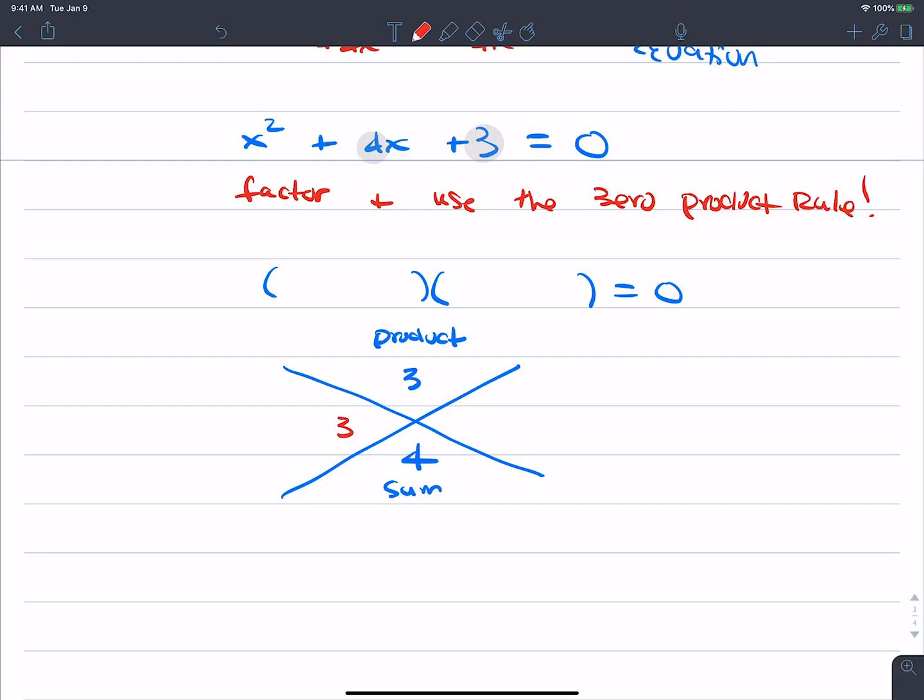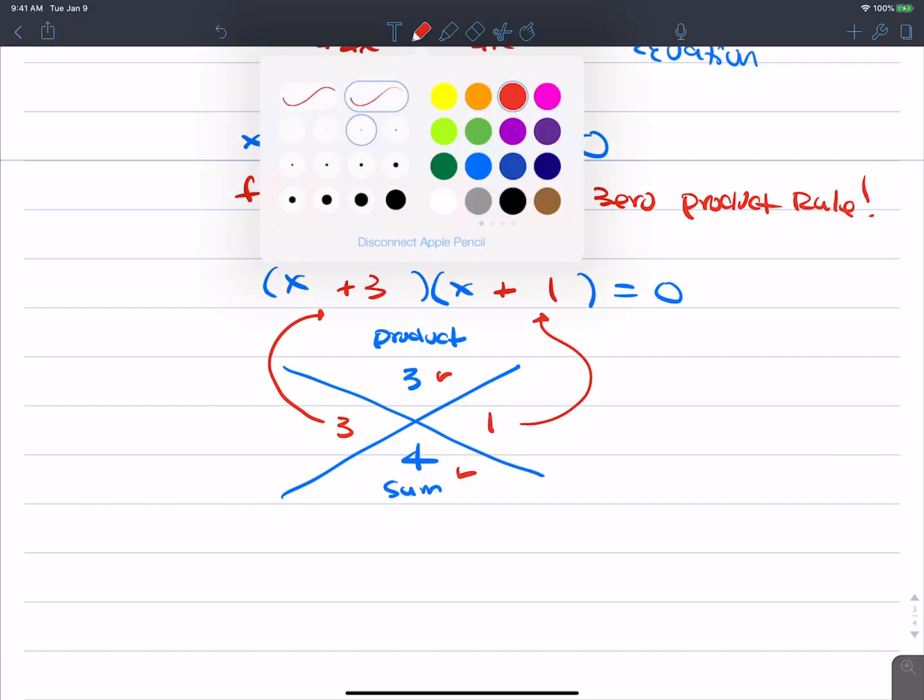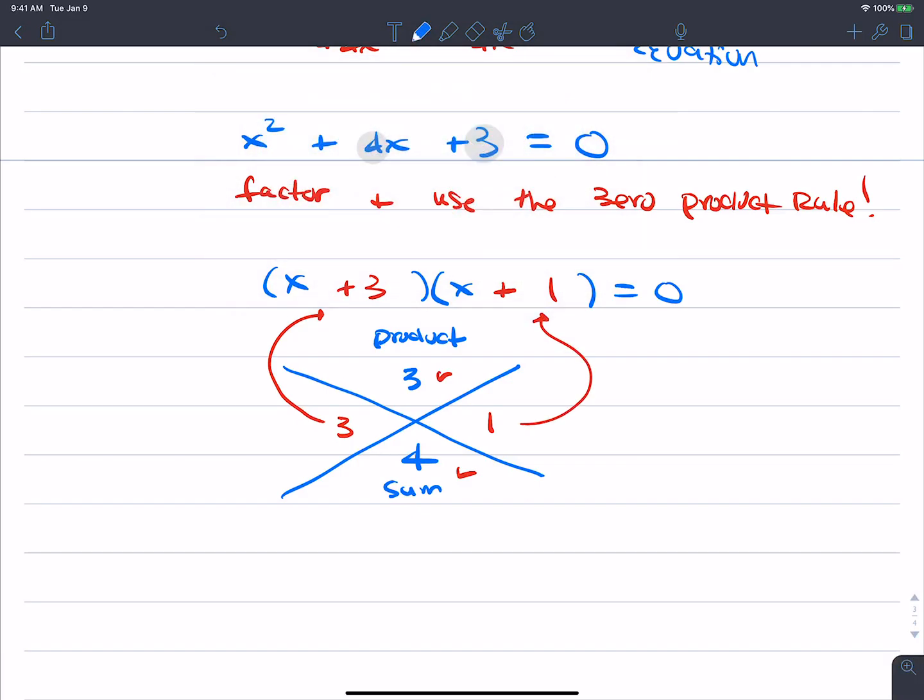3 and 1. Let's double check. Is 3 times 1 equal to 3? What's 3 plus 1? There it is. So we're already going to have in our answer x, x, and then plus 3 and plus 1. These numbers go here and there. So this is factoring.